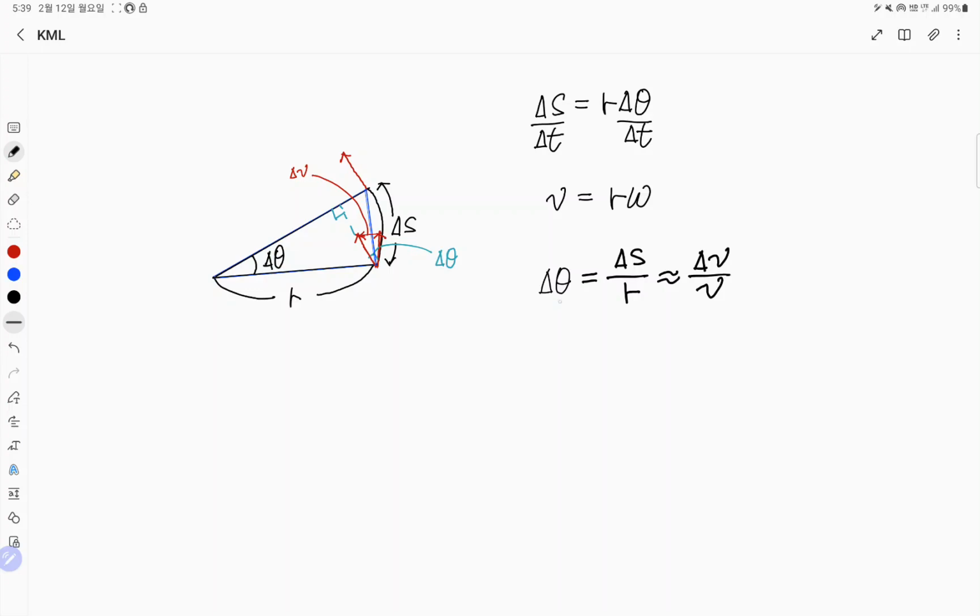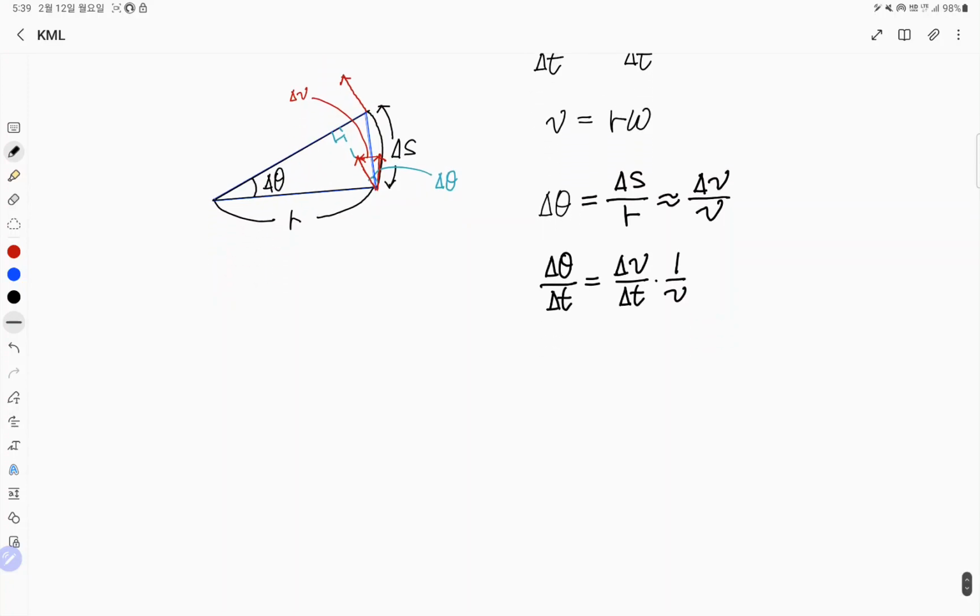So once again, we can divide both sides by delta t. So the rotational speed is equal to the acceleration times 1 over v.